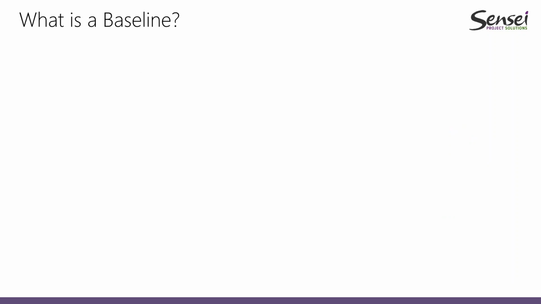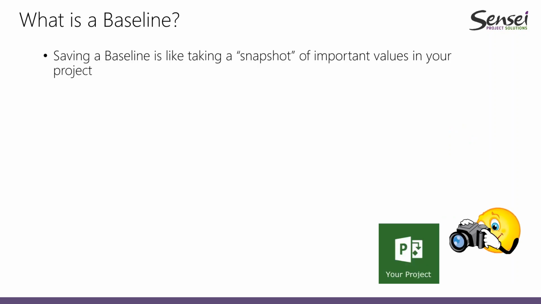So what's a baseline? When we are talking about baselines in Microsoft Project, a baseline is basically a process in which we take a snapshot of important values in your project. When we are planning a project, we have many different activities as project managers.